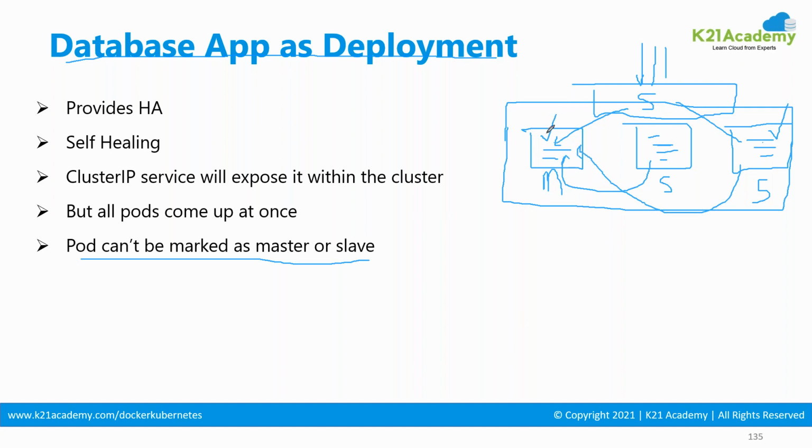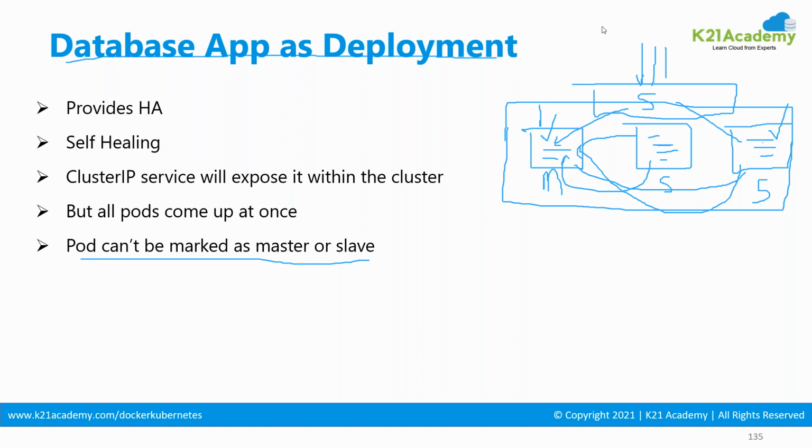If something is marked here, immediately all other pods will also get it. So in the master-slave format, it will try to keep equal information on all the database pods, so the information will be consistent and in an integrated format. That's why a pod can't be marked as a master or slave.